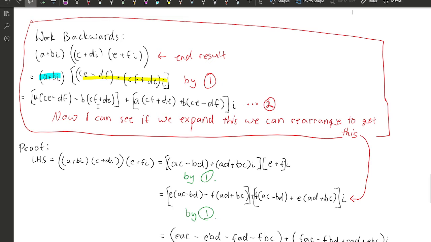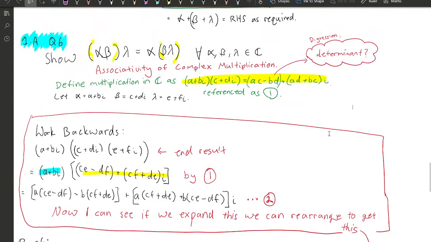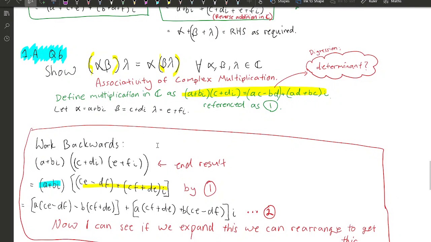Okay, so once I got to this point, I was thinking, okay, if I expand this, I get ACE, ADF, minus BCF, minus BDE, and that is looking like what happens when you go through the proof and begin to expand the left-hand side as a complex number.